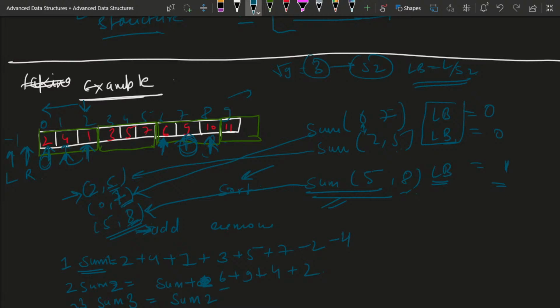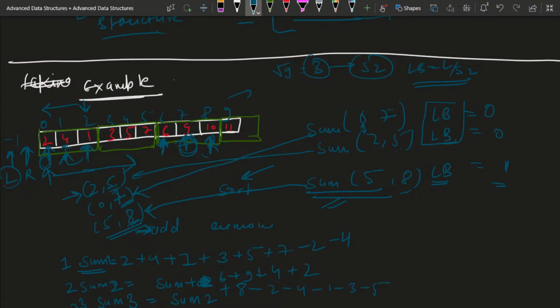So that would be sum 2 plus 8, and then I have to move my left pointer from this 0th index all the way till this 4th index, and I have to subtract all these values. I have to call the remove function for these 5 elements. So that would be -2, -4, -1, -3, -5.